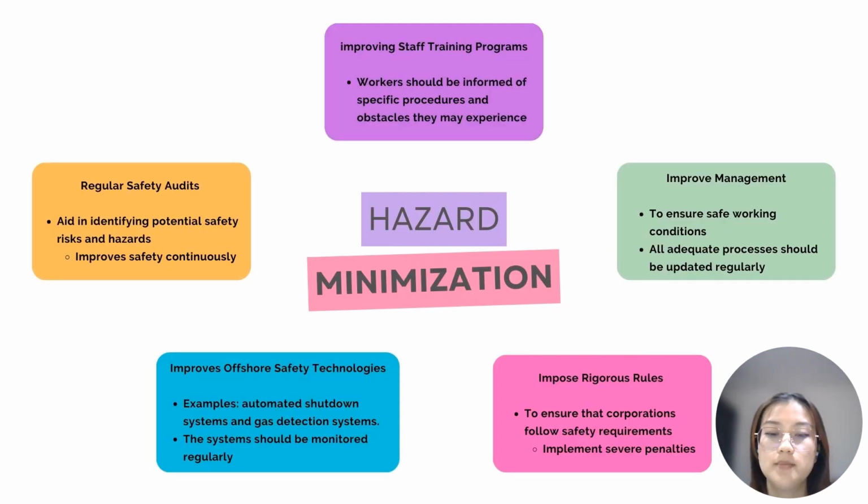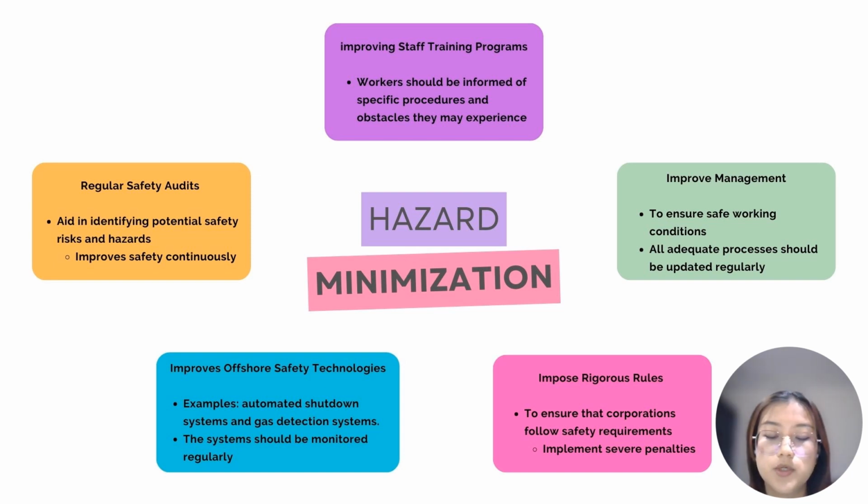The hazards can be minimized by, first, improving staff training programs, where workers should be informed of specific procedures and obstacles that they may experience. Second, regular safety audits, as they aid in identifying potential safety risks and hazards by improving safety continuously. Third, improve offshore safety technologies, for example, automated shutdown systems and gas detection systems.